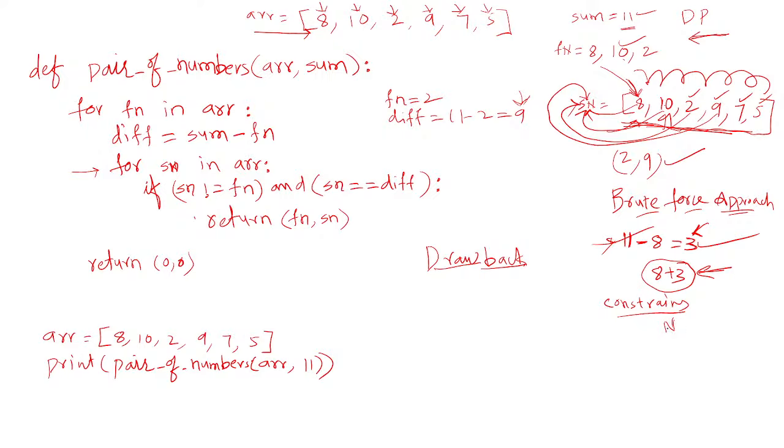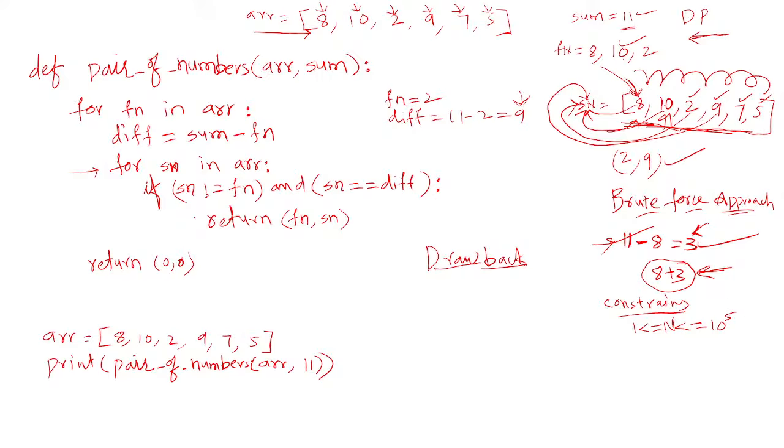Generally n indicates the number of elements. Generally this should be 1 less than or equal to n less than or equal to 10 to the power of 5, something they give. So this is the constraint. The number of elements in the array should be between 1 and 10 to the power of 5.